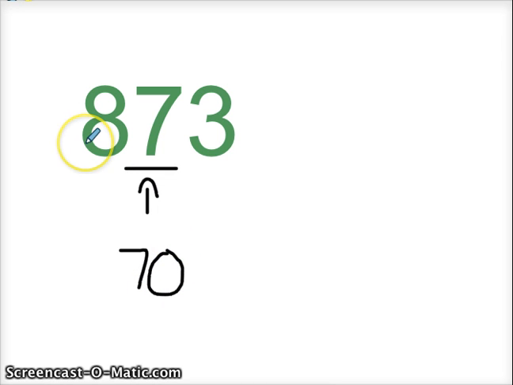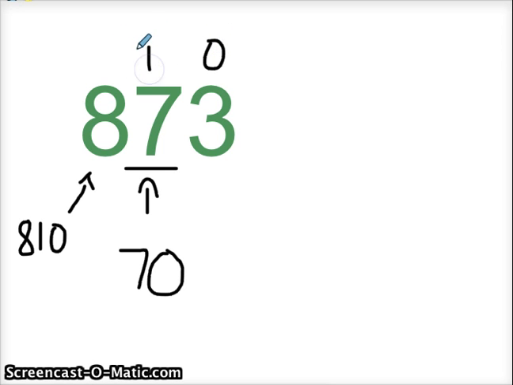Well, what does the 8 mean then? Does it really mean 8 of something? Nope. It actually means 800. How do I know this? Because it's in the hundreds place. Here are my ones place, my tens place, and finally my hundreds.